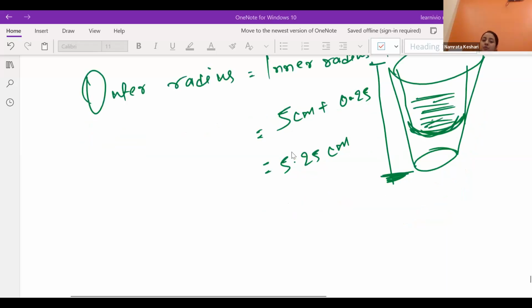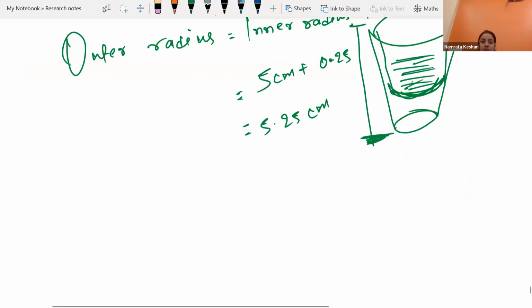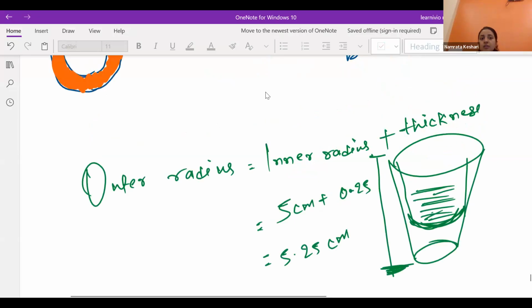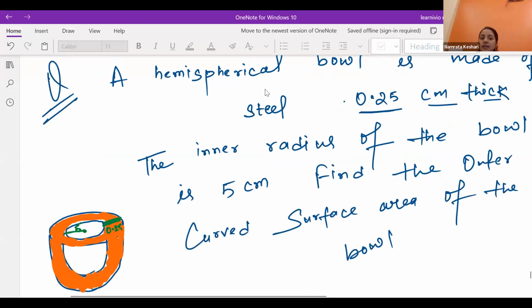We just have to do 4 pi r square. A sphere or hemisphere? Oh, it's hemisphere.